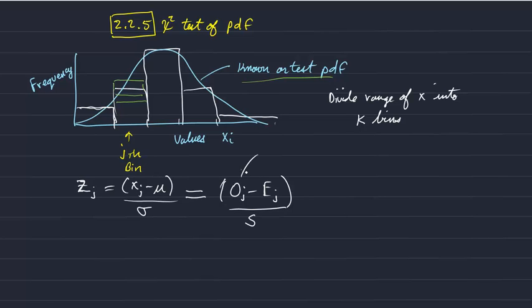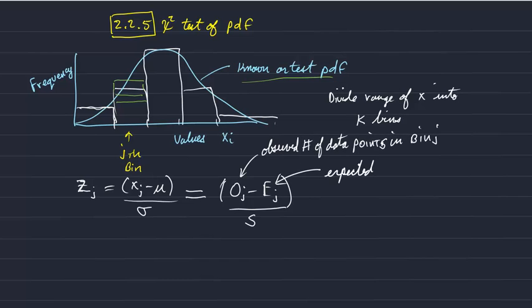So this is the observed number of data points in bin j, and this is the expected number of data points in bin j.